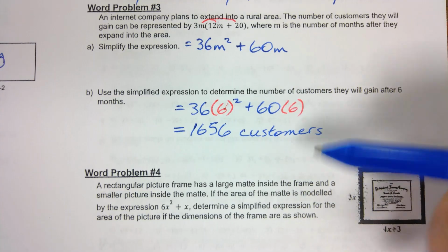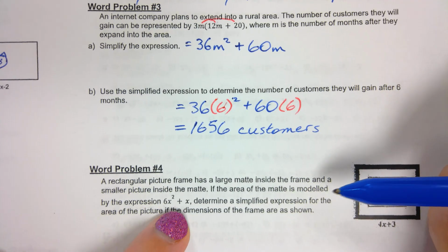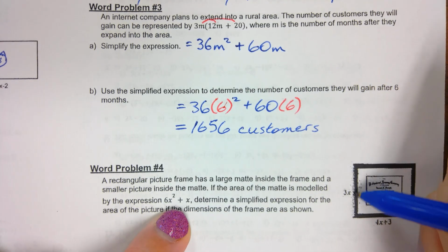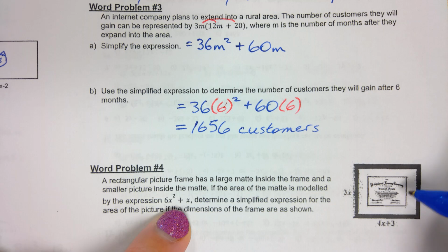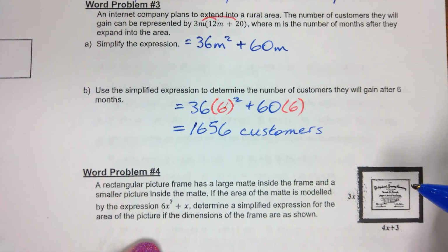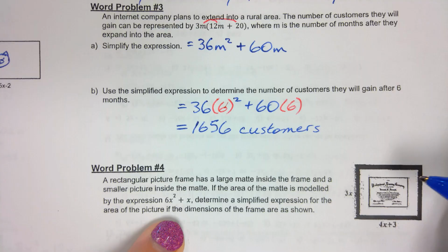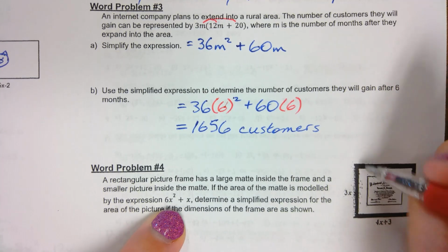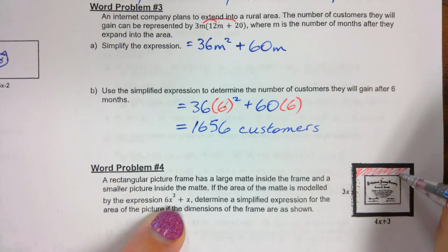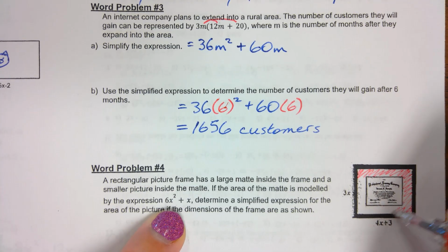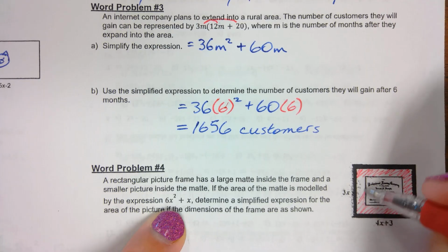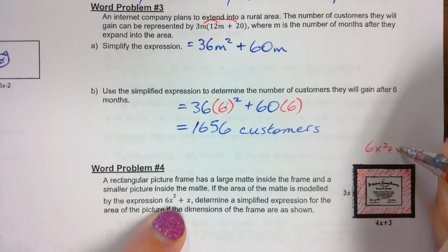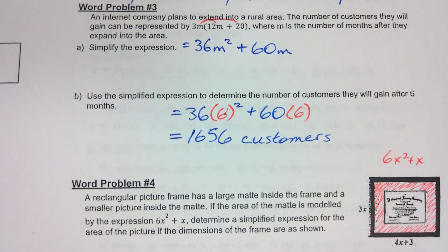If the area of the mat is modeled by the expression 6x squared plus x, which is just this part here, determine the simplified expression for the area of the picture if the dimensions of the frame are shown. So the red part is 6x squared plus x. That's the area of that red part.